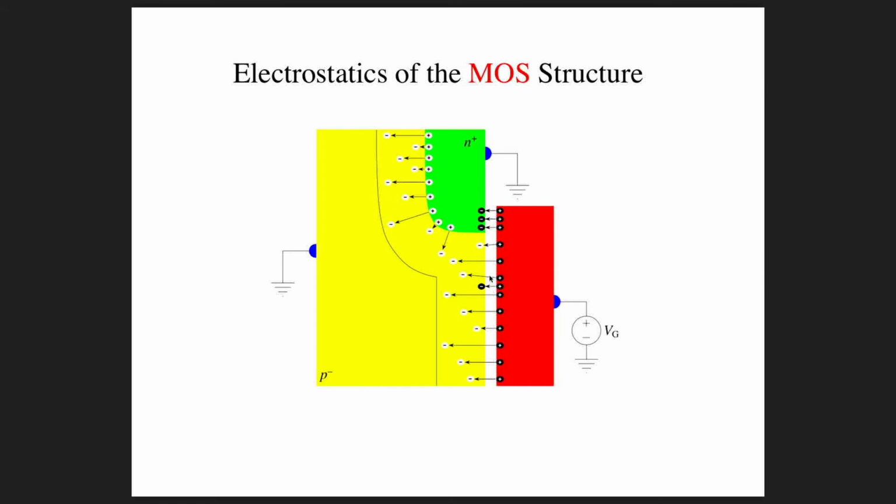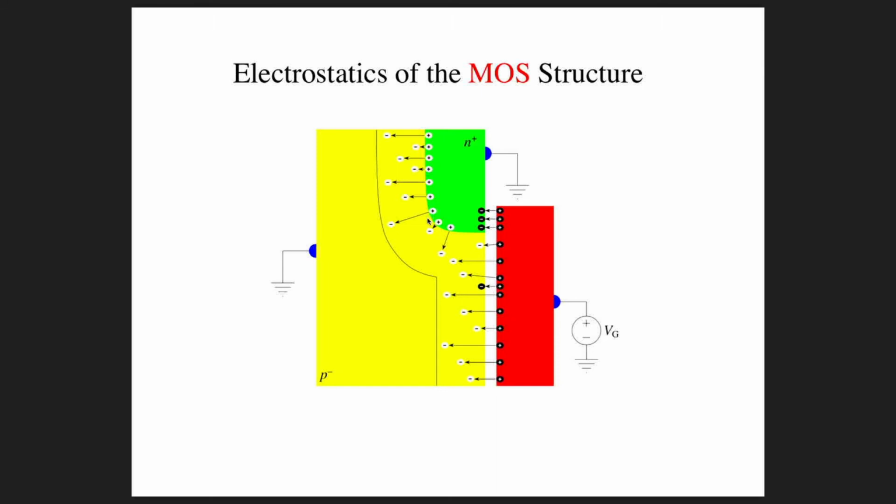Okay? Now, that's a very interesting point, because if you recall what we said, the potential difference across the depletion region is monotonically related to the thickness of the depletion region. Okay, so the potential drop from the substrate to the surface is encoded in this nonlinear monotonic relationship, the square root relationship, to the potential drop.